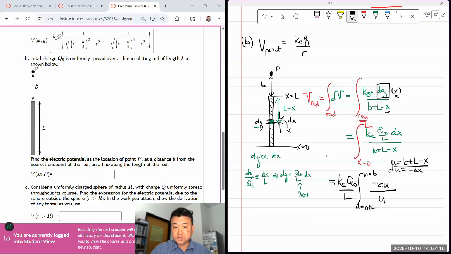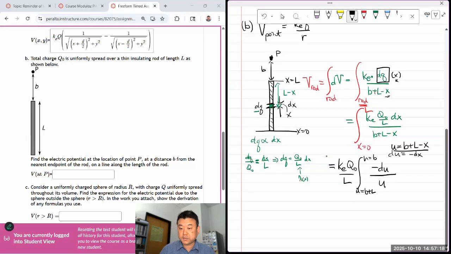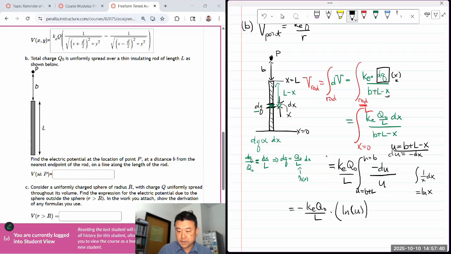This is a pretty easy integral. Hopefully everyone knows how to do it. The antiderivative of 1 over x dx is natural log of x. So that's what I'm going to use. I'll say minus, pulling out the minus sign, Ke q naught over L times the antiderivative, natural log of u, evaluated from limits b plus L to b, so not L, b.